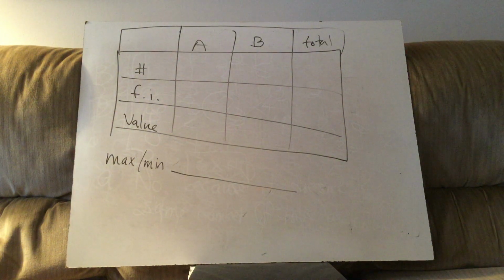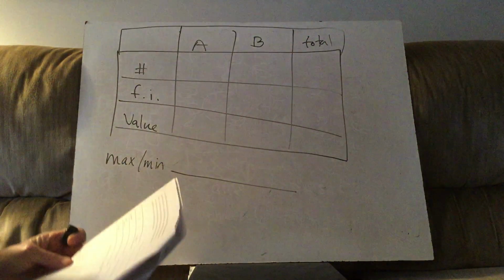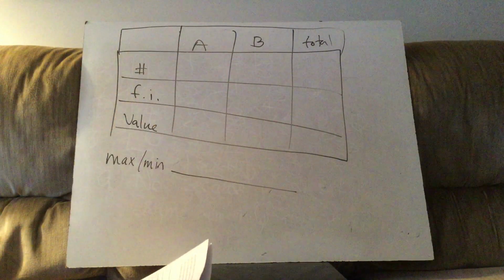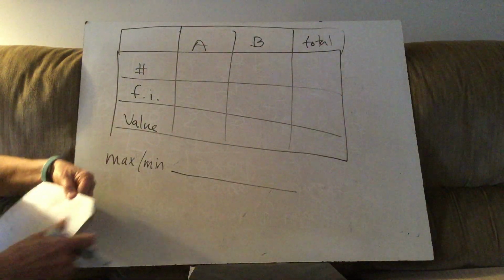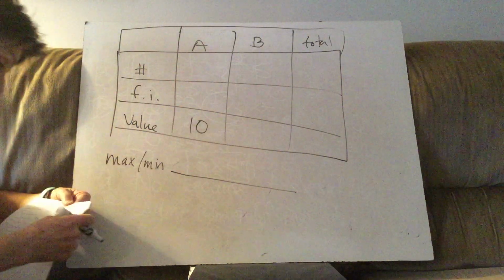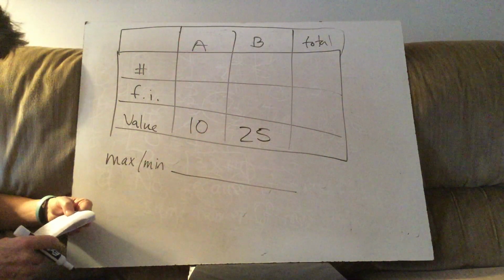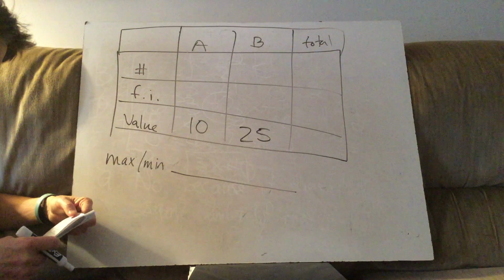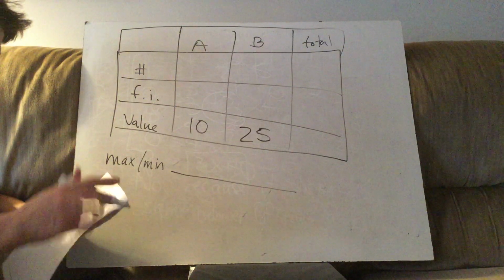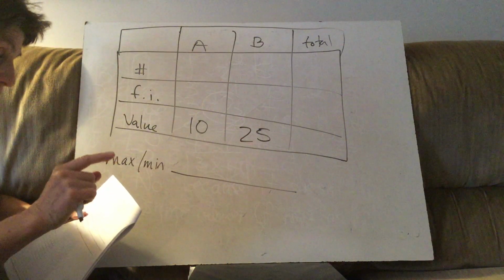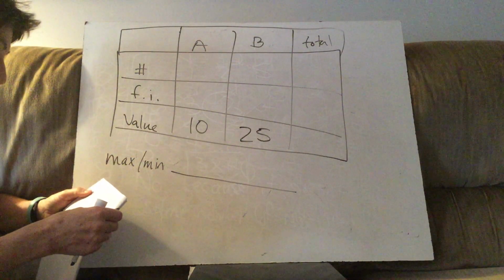Let's start filling out the chart first. We're going to take a test that contains questions of type A and type B. Type A is 10 points, and type B is 25 points. That's their value. You must do at least 3 questions of type A, but time restricts doing more than 12.